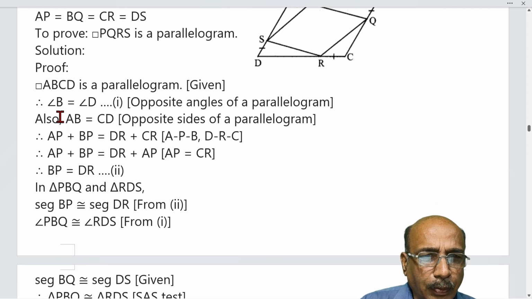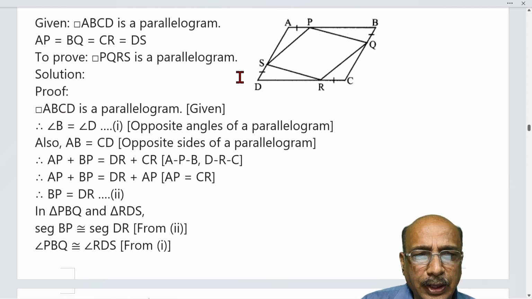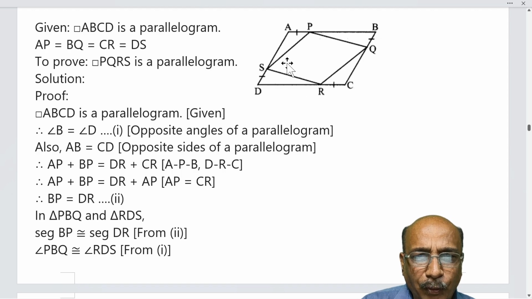Solution. Proof. Quadrilateral ABCD is a parallelogram, given. Therefore, angle B equals angle D, opposite angles of a parallelogram. Also, AB equals DC, opposite sides of a parallelogram. But what is AB?